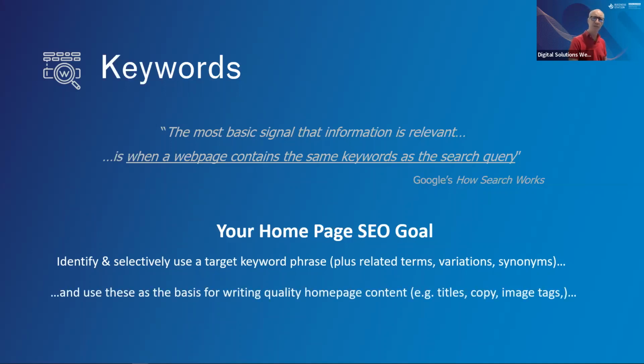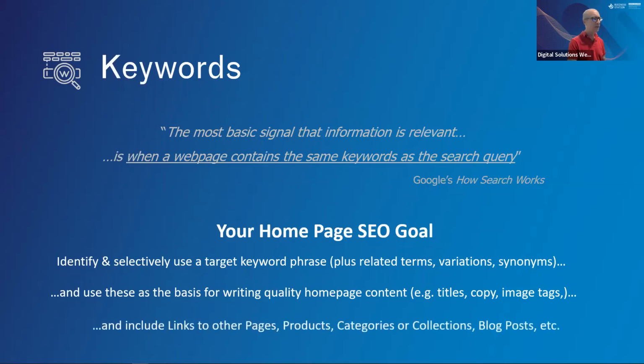Sounds relatively simple, but you need to use it consistently. So, in the title of the homepage, in the copy, the text of the homepage a couple of times, in the alt image tags, in the meta description, meta title. So there's 5 places you need to put it essentially, or a few more than that, but essentially that's it. And you've optimized your page for that particular search term.